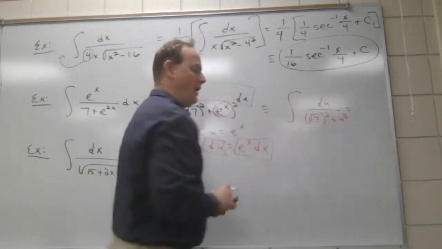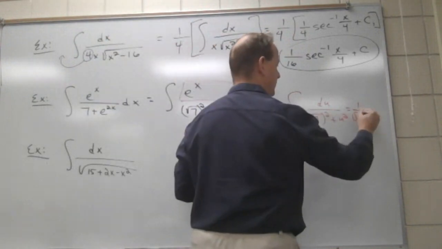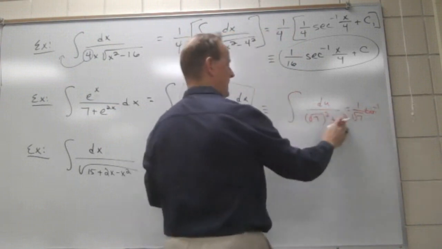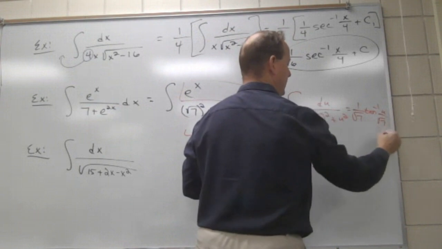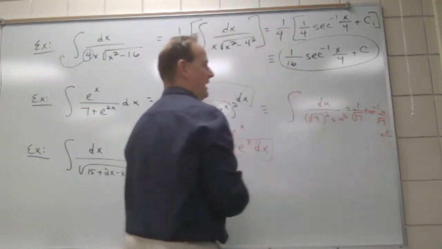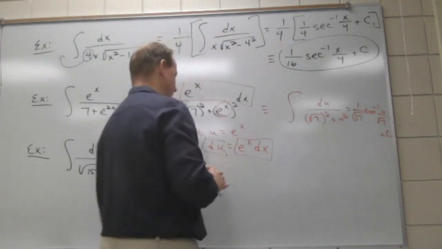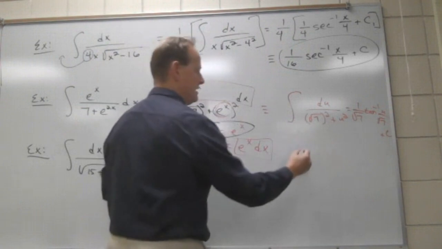But anyway, I can go ahead and say what this is. It is 1 over root 7. So 1 over a would be 1 over root 7 arctangent of, instead of x, it's u here, so it'd be u over root 7, and then plus c. And then, of course, what do we do now? Now we're going to back substitute, because we let u equal e to the x.